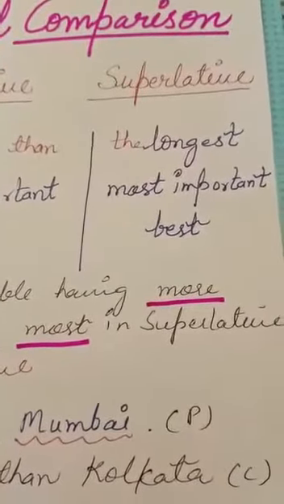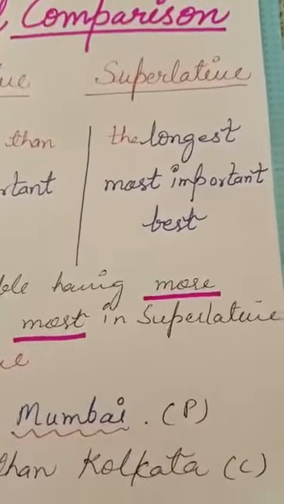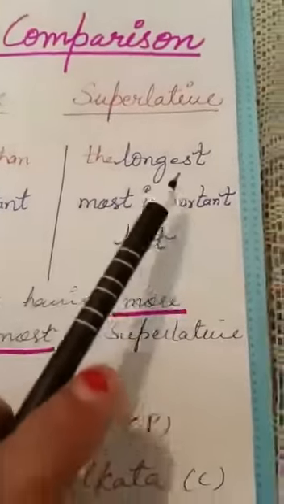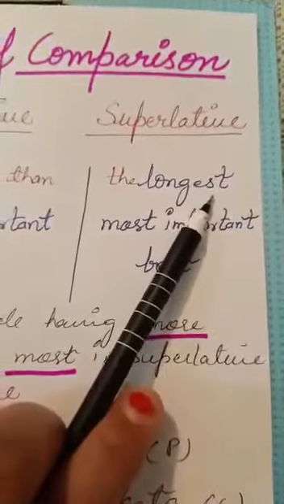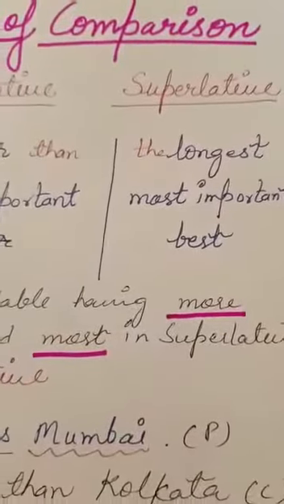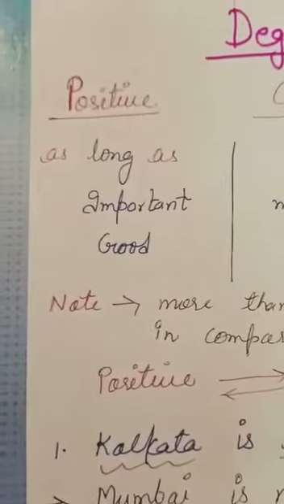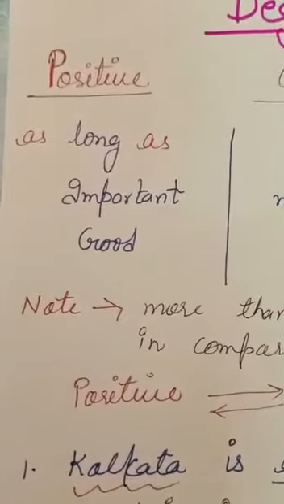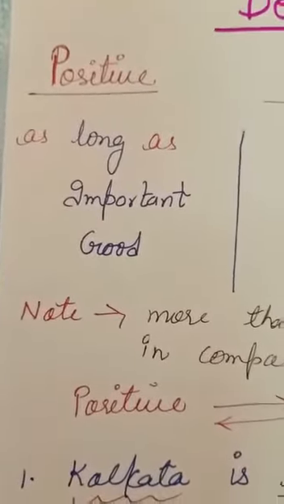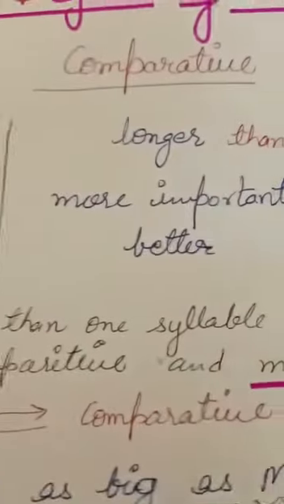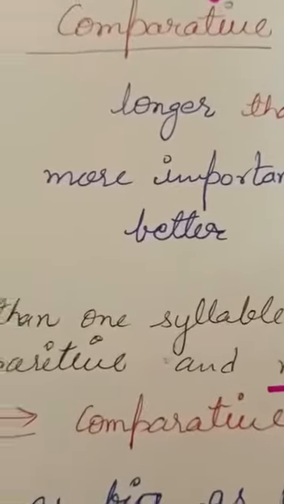It is formed, as I told you, usually by adding est to the adjective or adverb. Now here one adjective I have used, children. Long. Long in the positive, longer in the comparative.